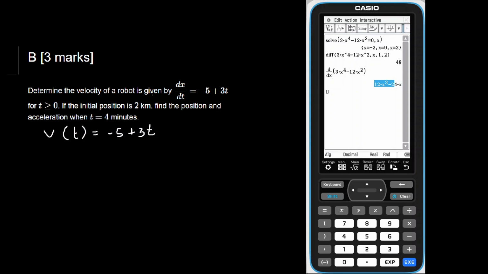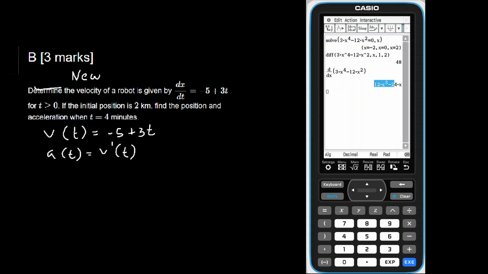So we can say that a of t is equal to the differential of v of t. The velocity of the robot is given by this, and it's a new velocity. So that's what's missing here, is just to say the new velocity.